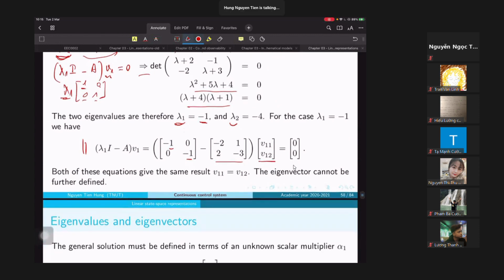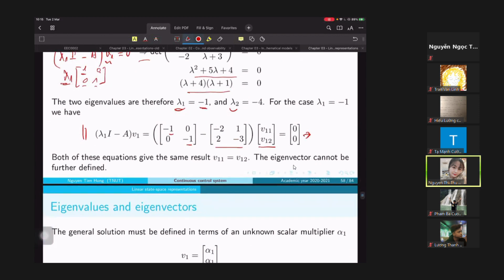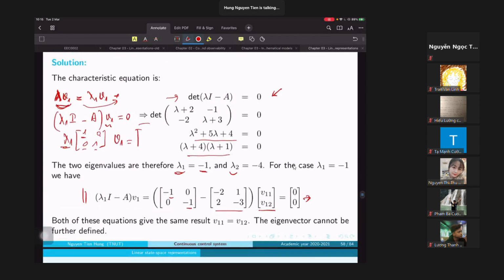When we solve it, we assume that V1 equals V11, V12, because we got a 2 by 2 A. So this is V1, we have V11, V12.